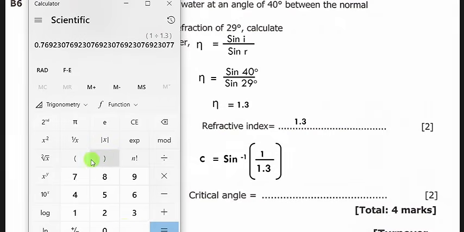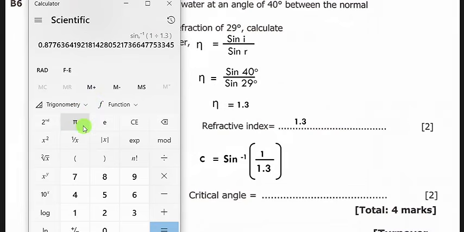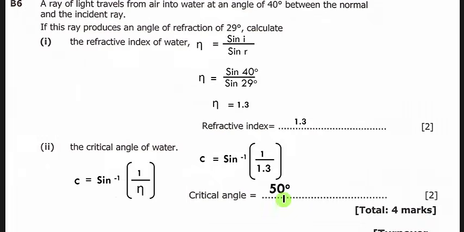Then trigonometry, second, then sine, I think, yeah, then equals. No, that's not what I found. I found it to be 50 degrees, guys, 50 degrees as the answer. So try it and let me know what you find on your calculator.